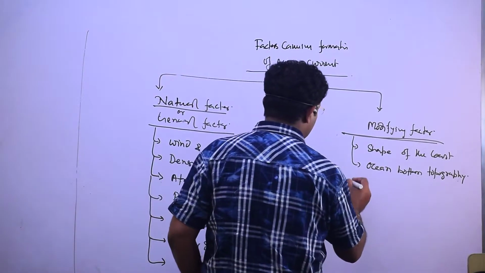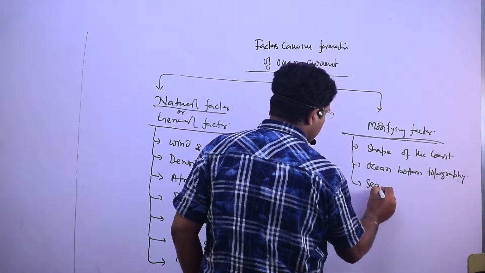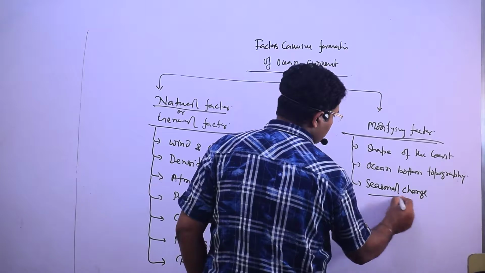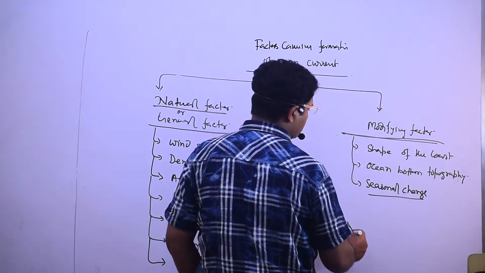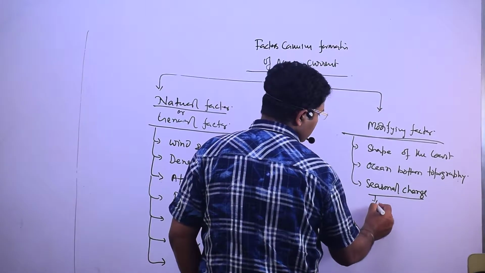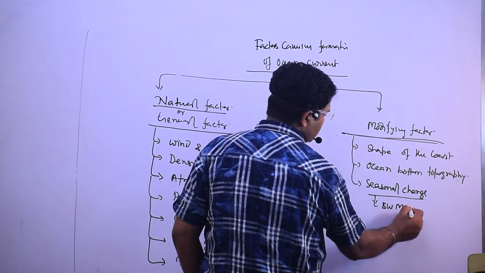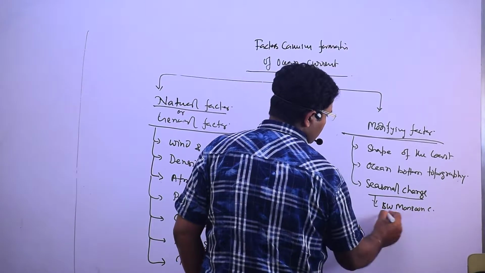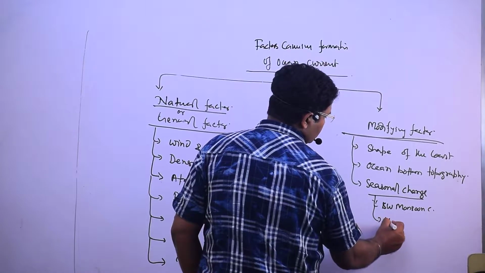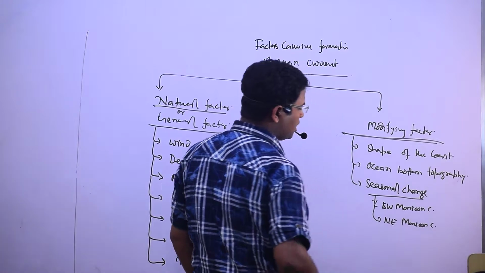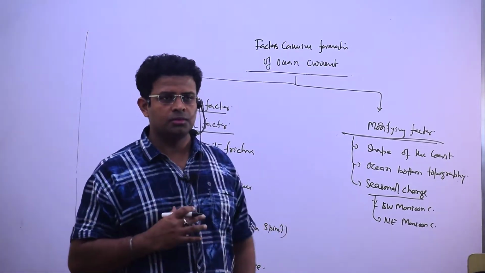The third factor is seasonal change. Seasonal change is only in the India case: the southwest monsoon current which is forming, and then the northeast monsoon current which is forming, are due to seasonal change.